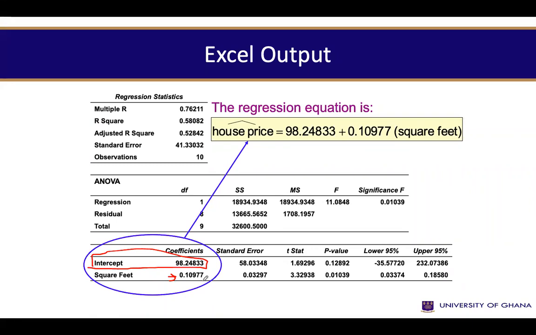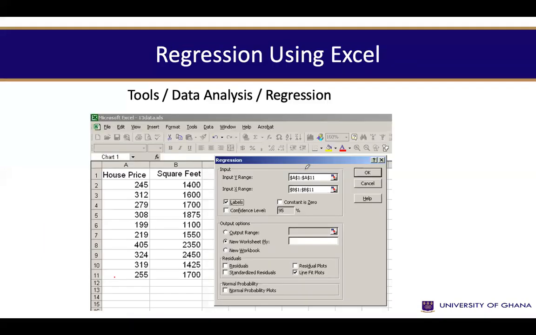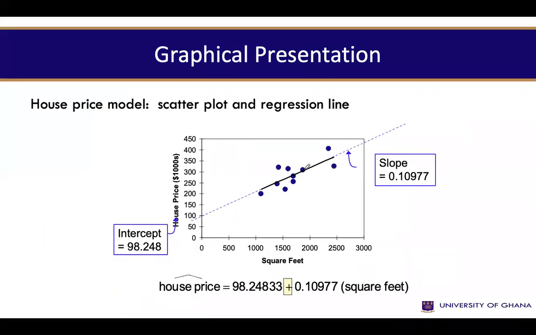And then we have the house price. Now remember that the house price was given in thousands. Okay, so typically this was supposed to be 245,000 and so on and so forth. We could have drawn a scatter plot to see how the data was arranged.